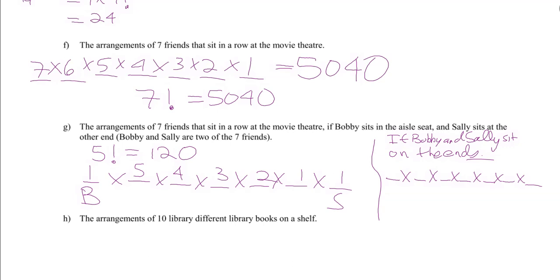I know that Bobby and Sally are sitting on the ends. So if it's Bobby or Sally on this end, how many choices do I have for the first person? I have 2 choices.